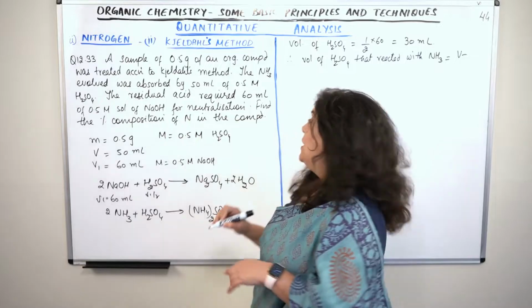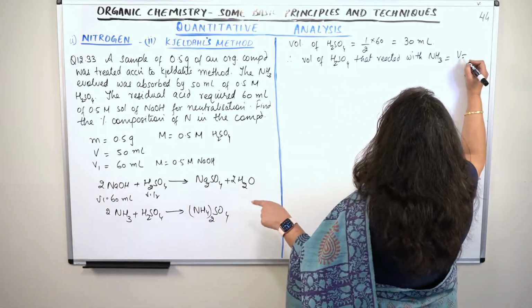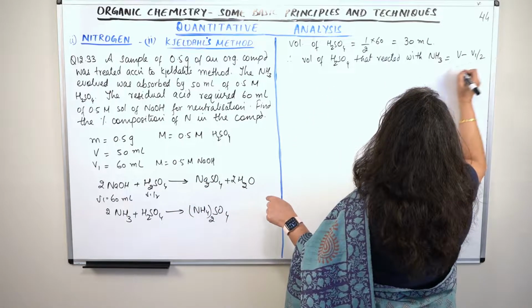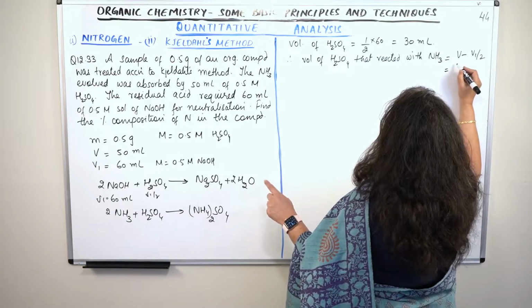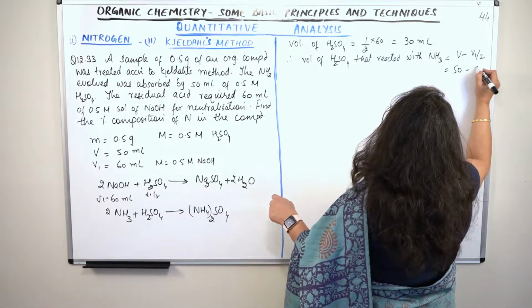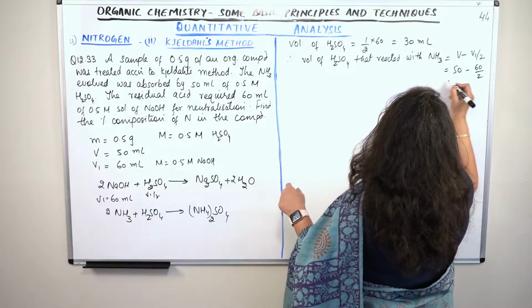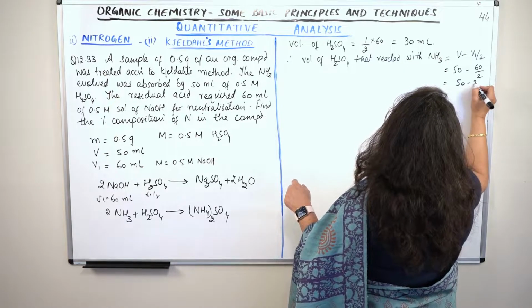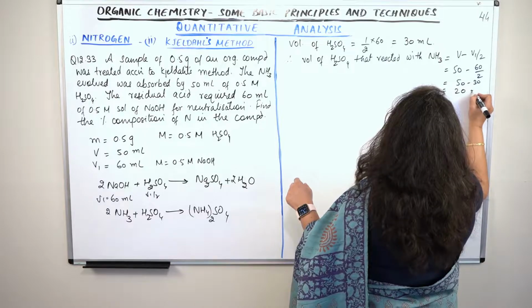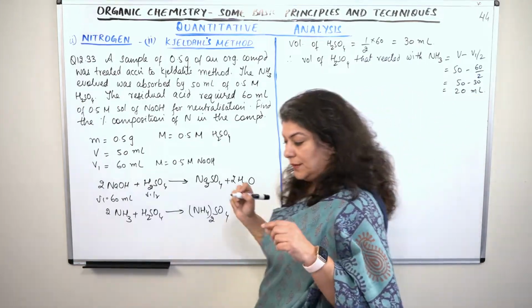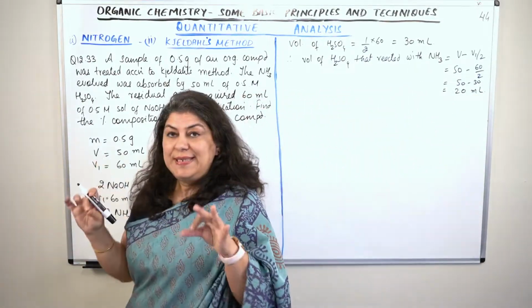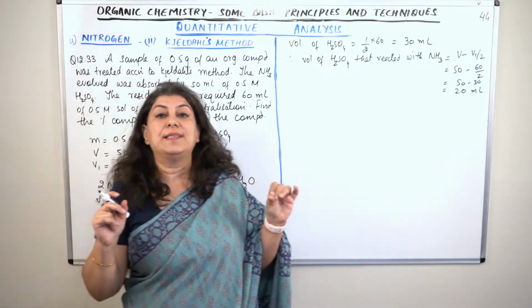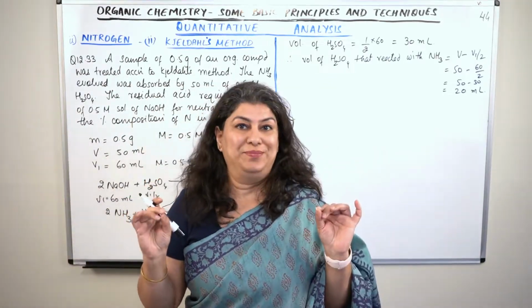You remember? So it would be equal to V minus V1 by 2, which is equal to 50 minus 60 by 2, which was 30, which is 50 minus 30, which is equal to 20 ml. So we come to know that 20 milliliters of sulfuric acid reacted with ammonia.